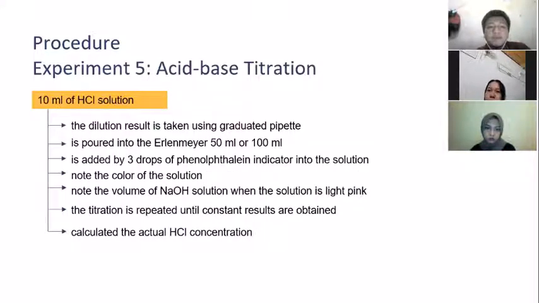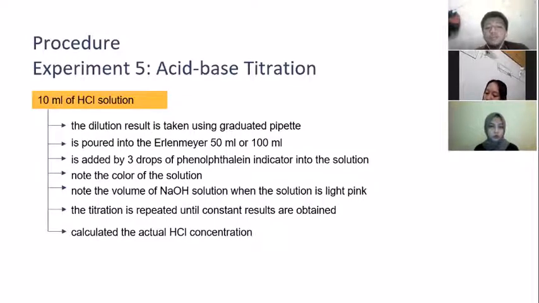Last, experiment 5, procedure: acid-base titration. 10 milliliter of hydrogen chloride solution. The dilution of that result is taken using a graduated pipette and is poured into the 50 milliliter or 100 milliliter Erlenmeyer flask. Add 3 drops of phenolphthalein indicator into the solution.